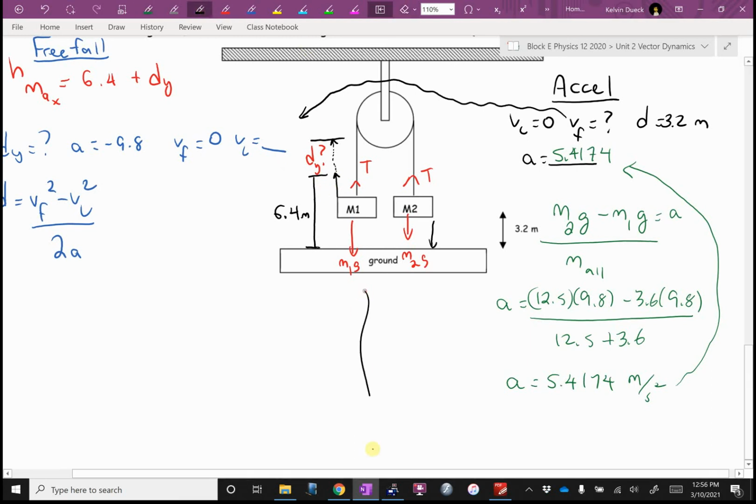So let's do that. V final squared equals V initial squared plus 2AD. How to get rid of a squared? Square root, and VI is 0.